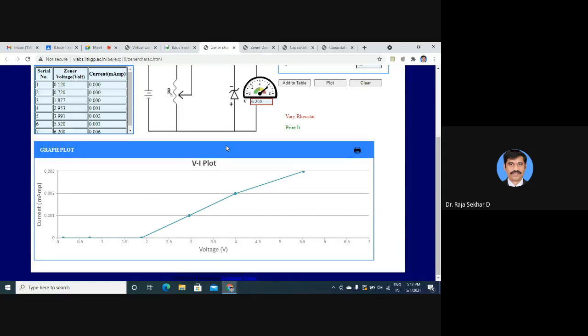These are the VI characteristics. We have to take more number of values, then you will get a smooth waveform.